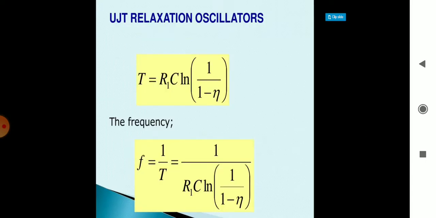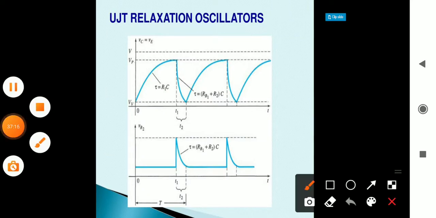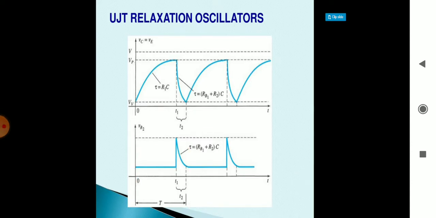Now, how can we calculate the frequency? In order to calculate the frequency of this particular waveform, first we need to calculate the period of one cycle. This is one cycle, so that is the time period we need to calculate.